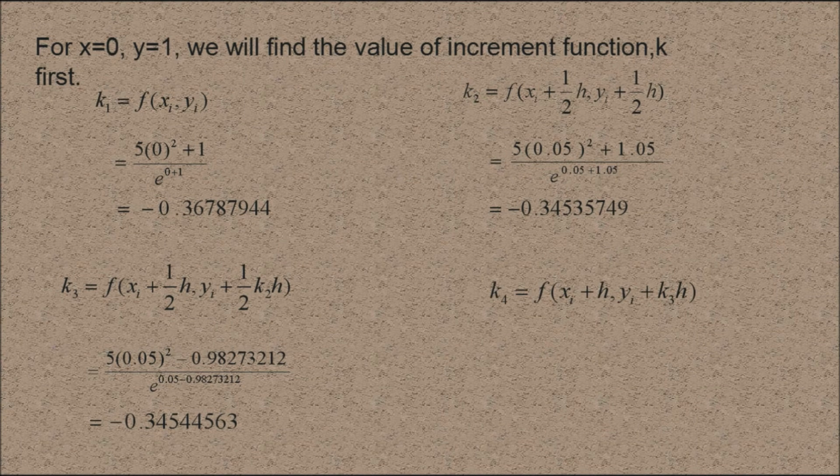As for k4 equal to f(xi plus h, yi plus k3 h). To get the value of x, we add x with the step size. Next, we find the value of y, which can be obtained by adding y with k3 times the step size. This leads to the value of negative 0.315 439325.